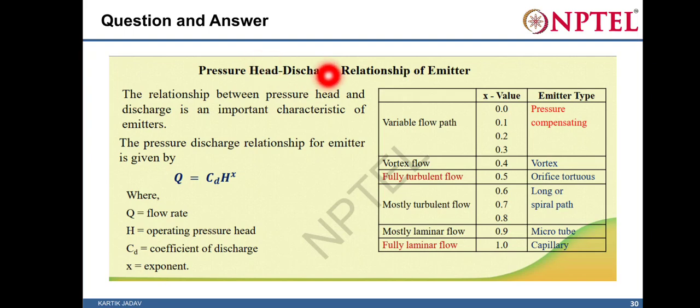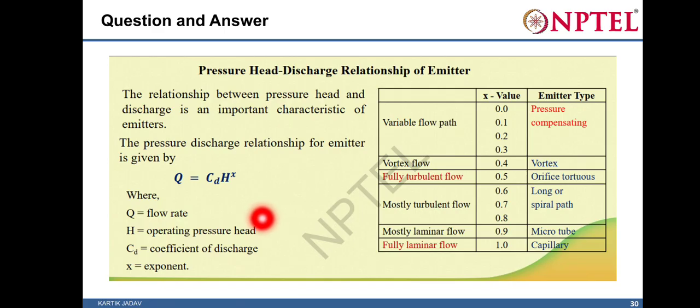So this is the pressure head discharge relationship of emitters. It is a relationship between discharge and head. This discharge is also known as the flow rate. So H is the operating pressure head, CD is the coefficient of discharge, and X is the exponent. In the case of pressure compensating emitters, also known as variable flow path emitters, the X value is minimum. Minimum means the discharge is not directly impacted by the operating pressure head.